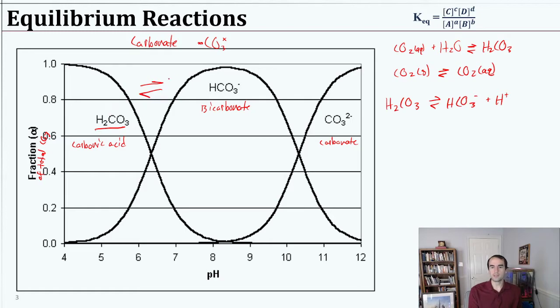So these two are going back and forth, and it's being pushed one way or the other based on the amount of H plus in the system. If we were to increase the H plus, that drives our pH lower. That means we're changing the ratios. So our pH is acting like a way we can push the system one way or the other, which is why we see this change plotted like this.